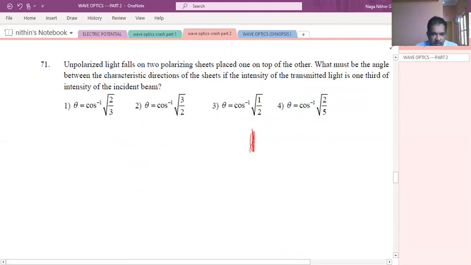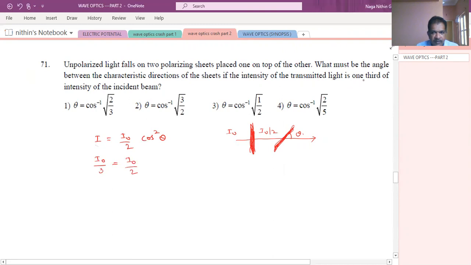Here one polarizer, this is its axis. This is another one. Find this angle. Here I naught incident, I naught by 2 will come. I is equal to I naught by 2 cos square theta. This I value is I naught by 3, they give.